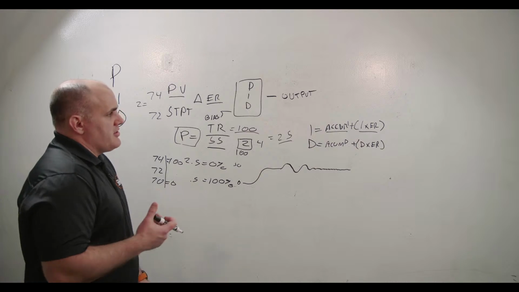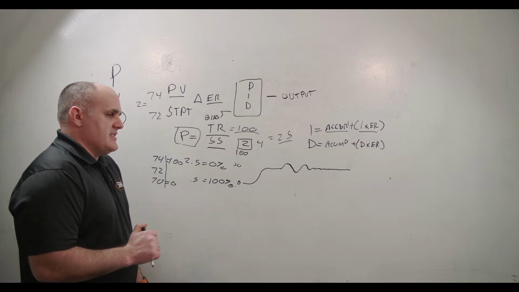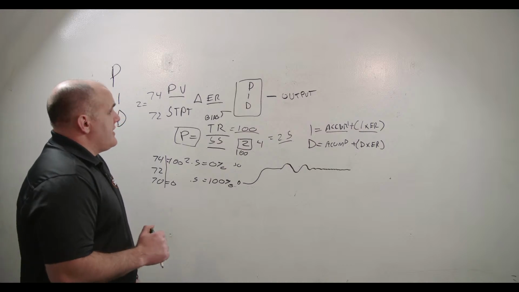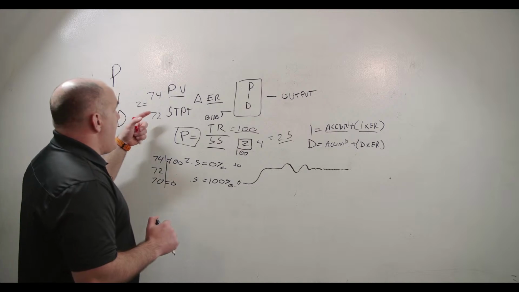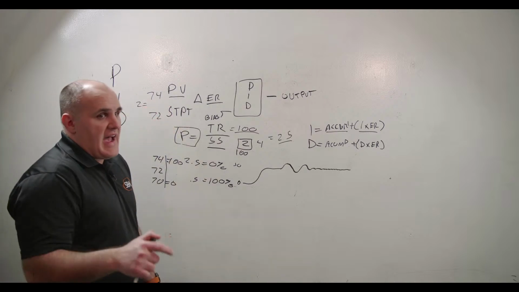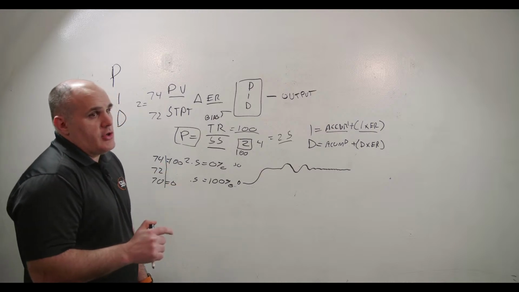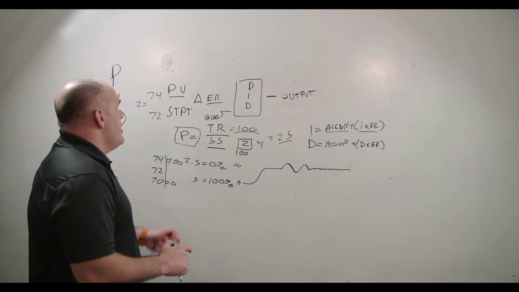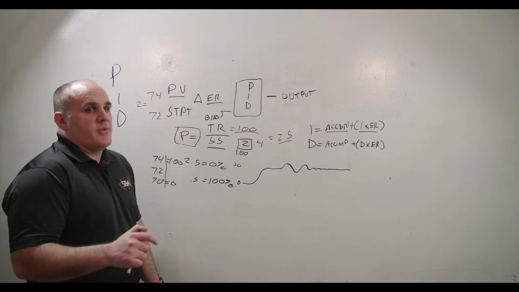Also, I want to talk about direct acting and reverse acting. Direct acting, the simplest way to remember this is if you want your output to increase when the process variable goes above set point, you want it to act directly. If you want your output to increase when the process variable goes below set point, that's reverse acting.